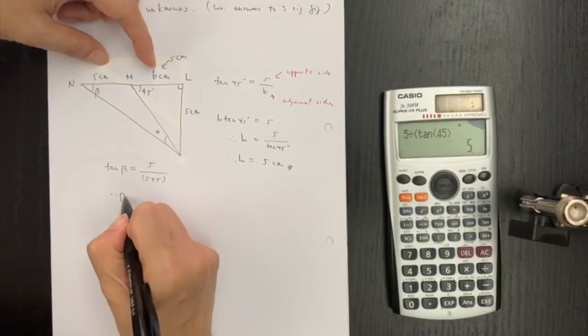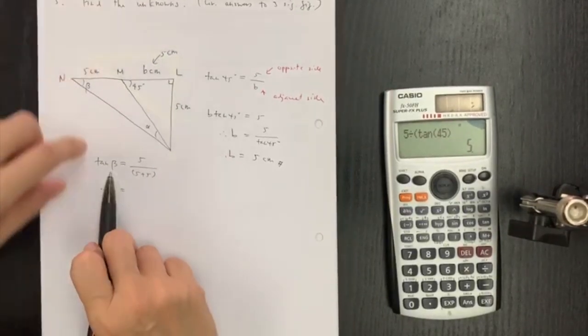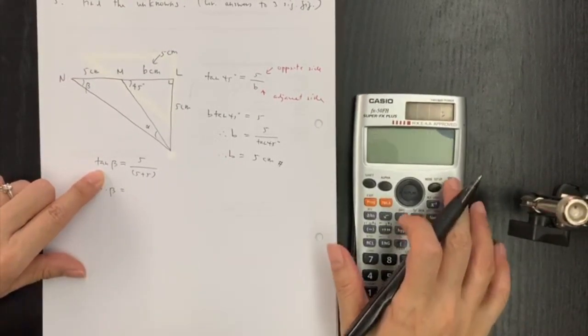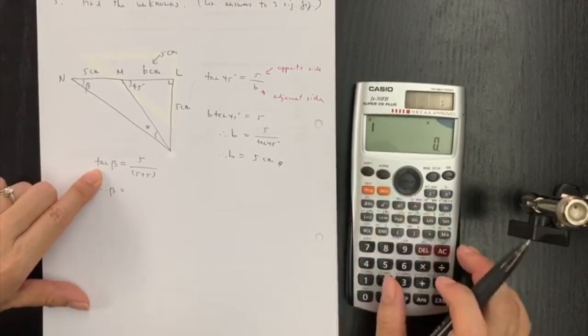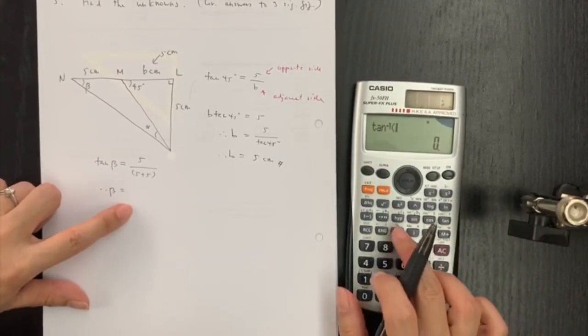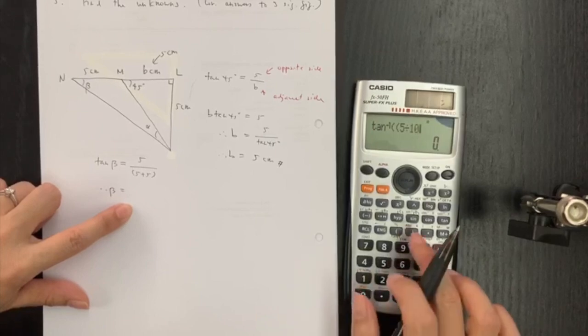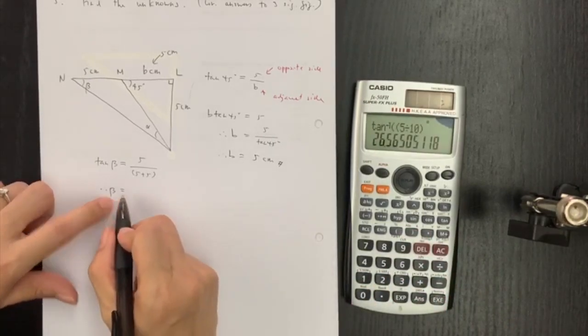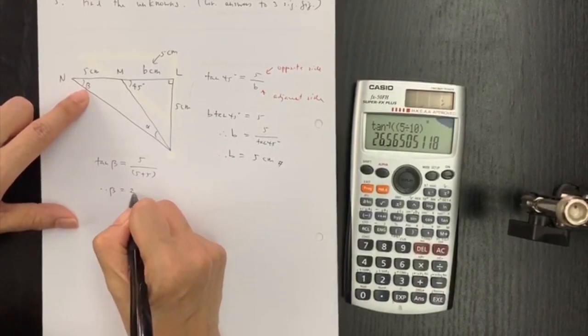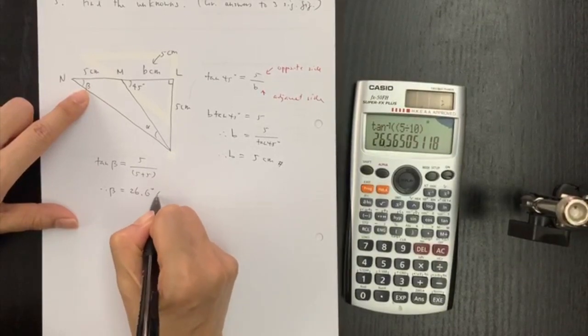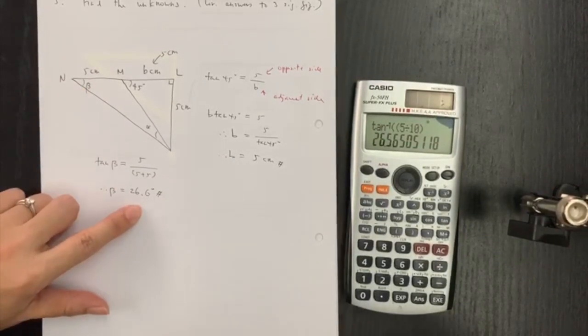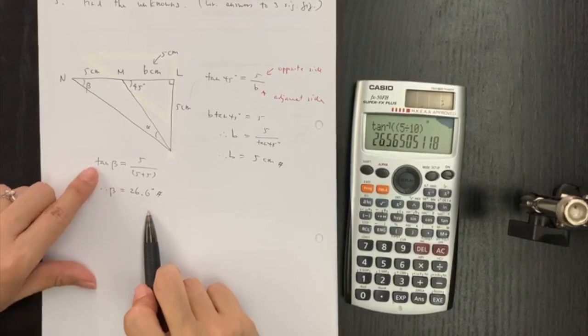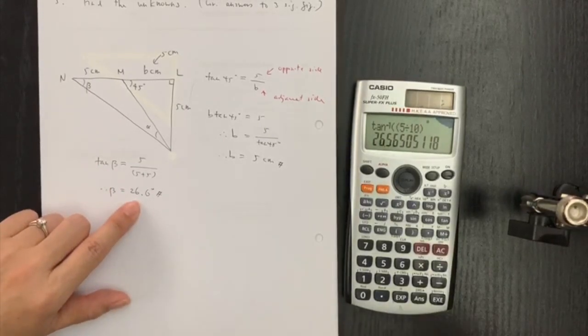Therefore, I can use the calculator to work out beta. Now I need the shift button. So shift tangent, and that will be 5 divided by 10. So therefore beta here is equal to 26.6 degrees by using tangent formula.